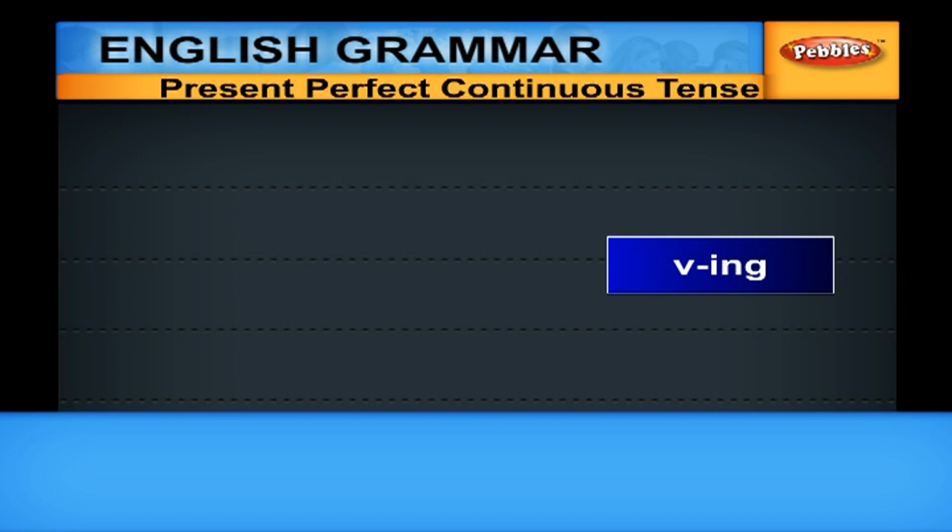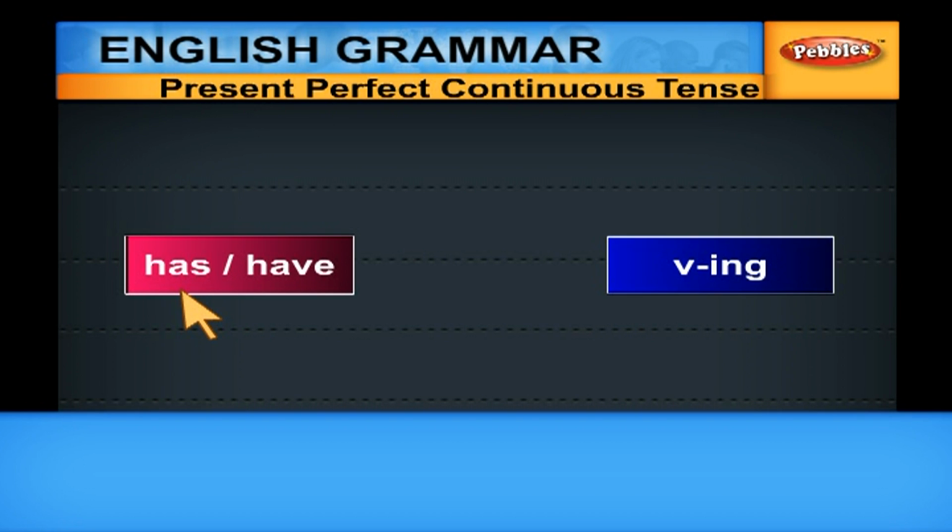We have to give two helping verbs to these. One helping verb will be in the have form. In the present tense, it can be either has or have depending on the subject. In addition, you have to give been, which is the past participle form of the be form.